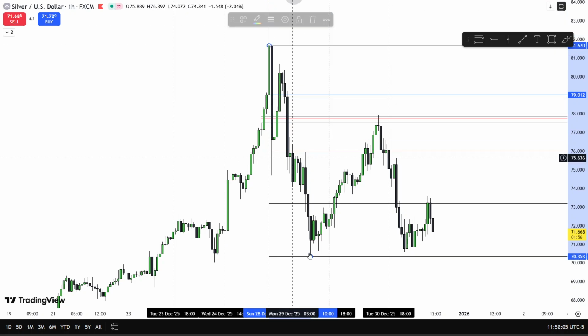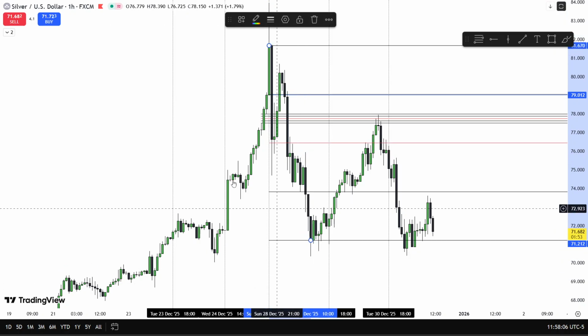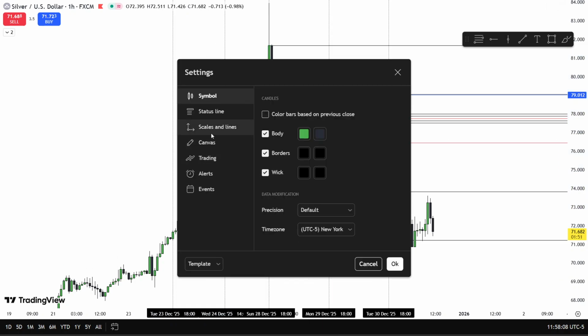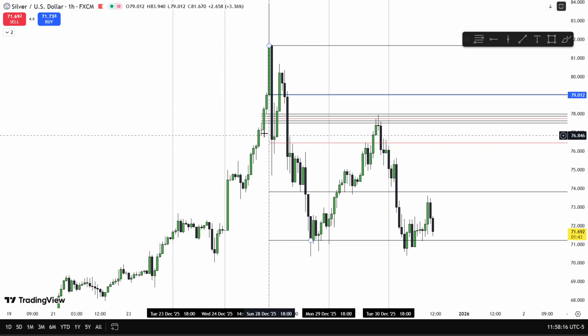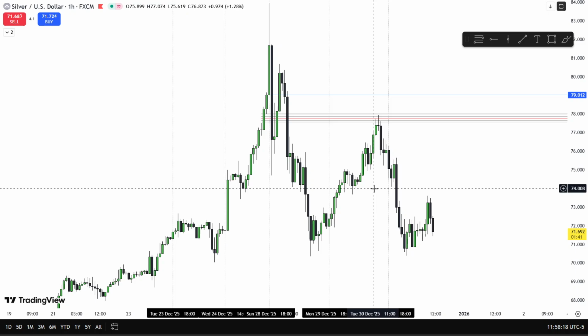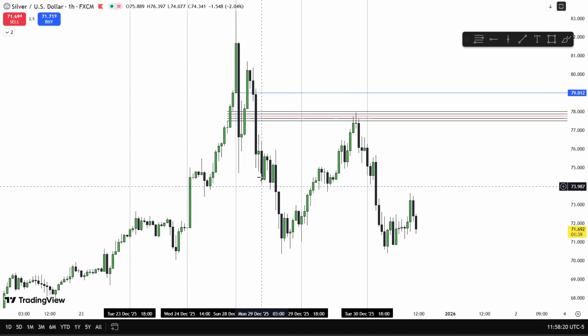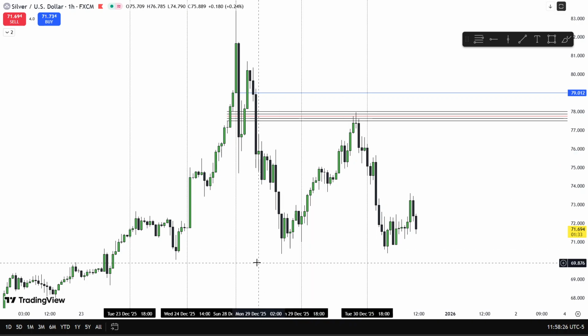We just use the bodies. You can see we are above the 50% level. So this is buy side delivery, intermediate term low, sell side delivery. Anyways, let's discuss this price action.